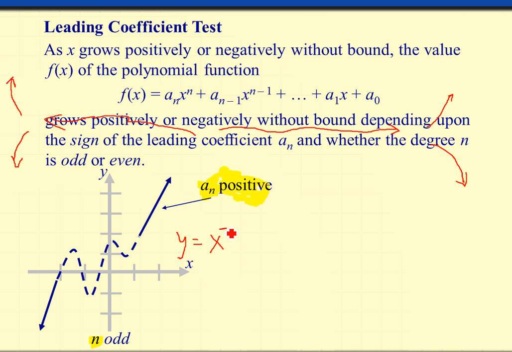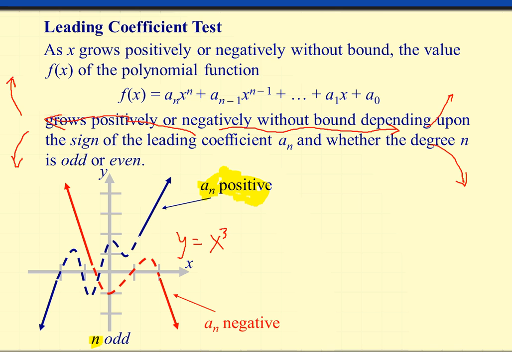We know that graph is going down on the left and up on the right, and this particular graph gives us the idea of everything else. If we have an odd degree polynomial and the leading coefficient, which is 1 here, is positive, it will be going down on the left and up on the right. That's the important thing.